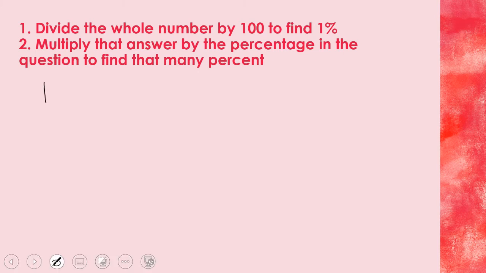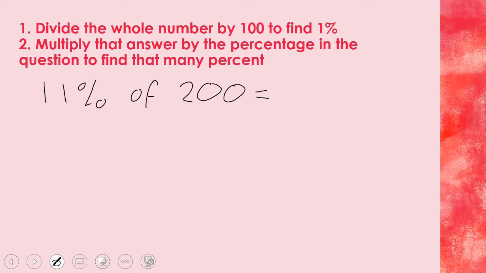We might be asked to find 11% of 200. Okay, well, I know that 11% is not one of my common fraction percentage equivalents. I know that 10% is and 1% is. Maybe I would want to work out those two and add them together.